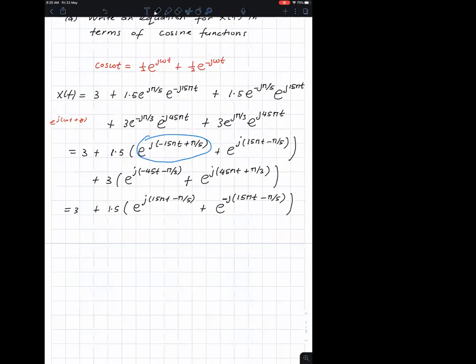If you do the same thing for the other part, you're going to get 3 e to the j. If I factor out the minus sign from here, let me do this part first.